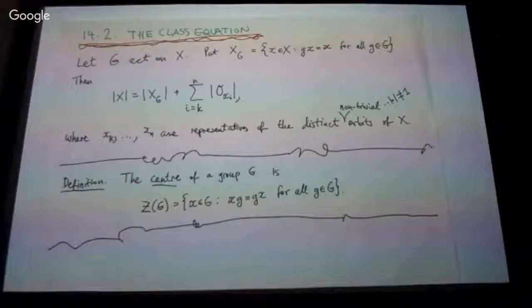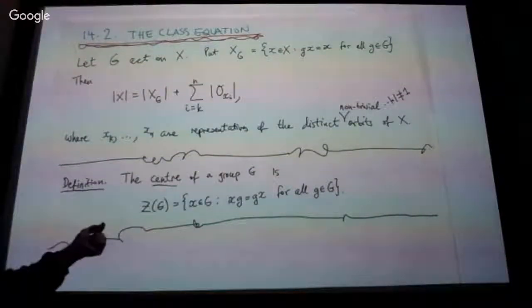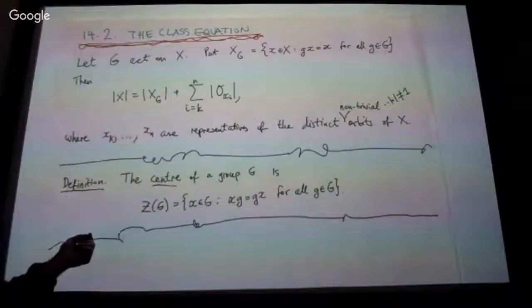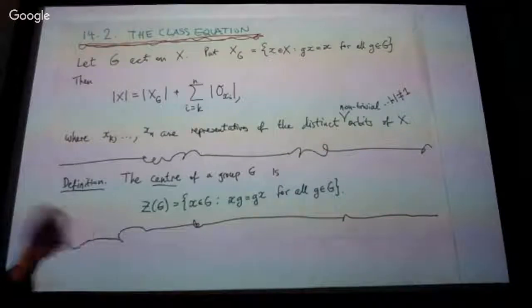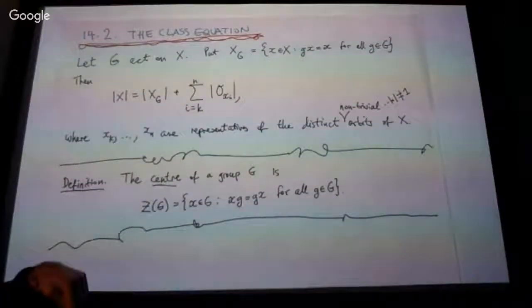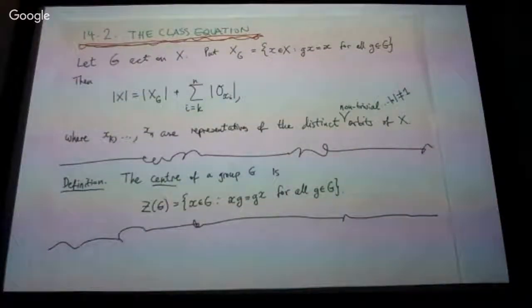This symbolizes the end of the definition. Okay. So the center is the set of all elements that commute with everything. Look at an element, and if it commutes with everything, you put it into the center. Look at another element, and if it commutes with everything, you put it into the center.